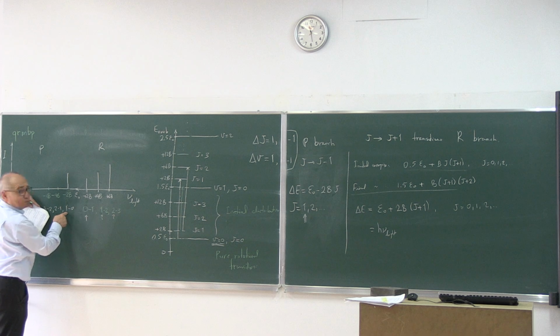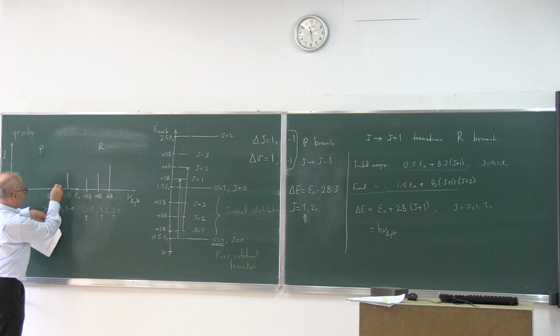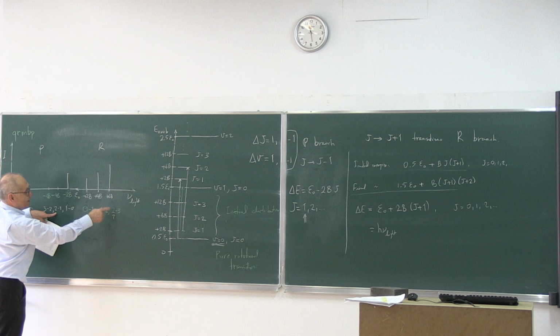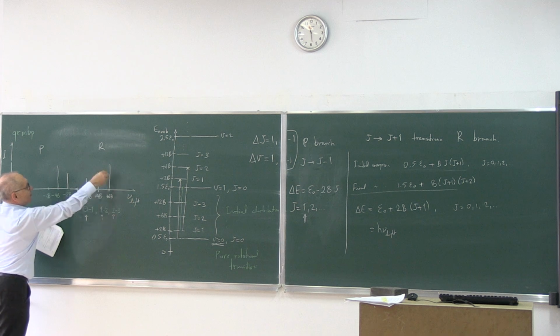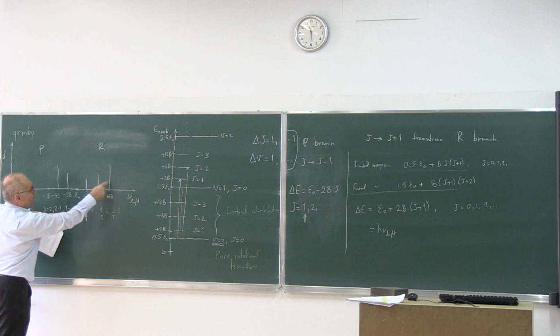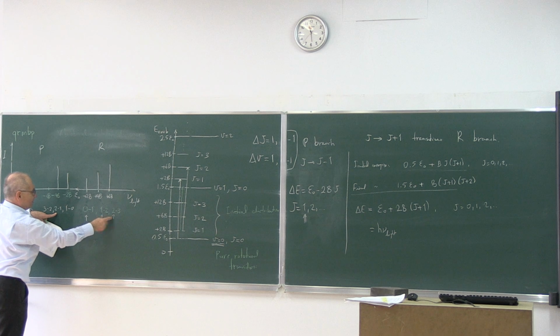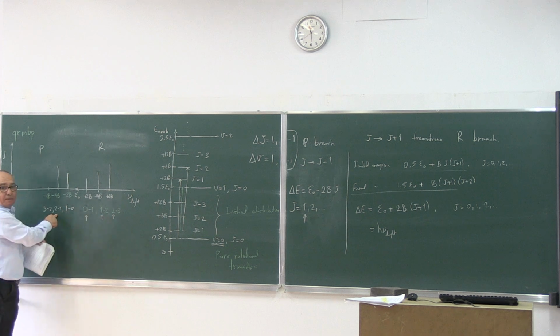J equals 1 here also. When we come to this absorption, this time J is 2. But here in the R branch, there is also J equals 2. So the height of this transition must be the same as this one, because in both cases the initial level is J equals 2.